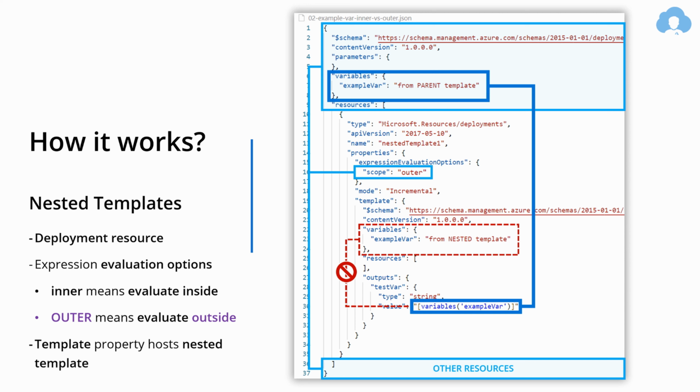And that's pretty much the key difference here. It is important to note that outer is the default scope for nested templates. So this behavior that you see on the screen right now is the default that you should expect if you don't specify this property. So depending on the logic of your template, you should choose either outer or inner, depending on whether you want to have local variables or you want to use global variables within your templates.